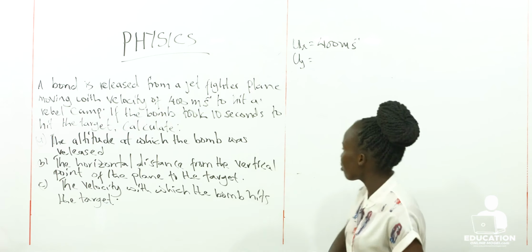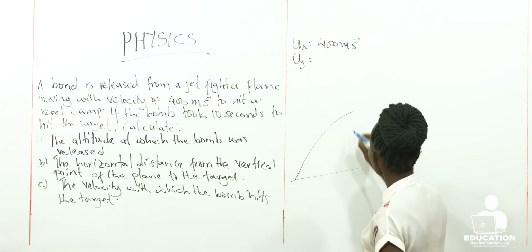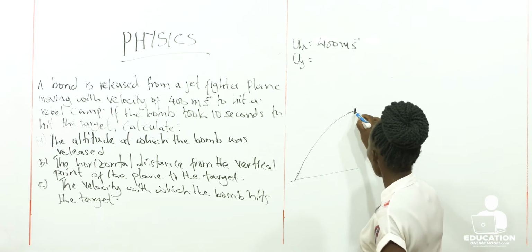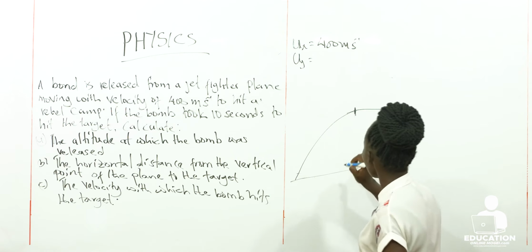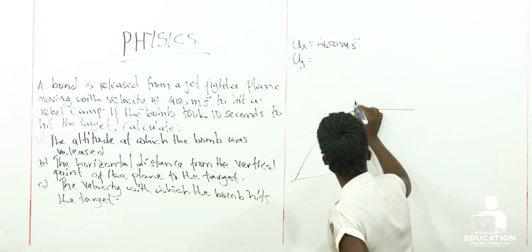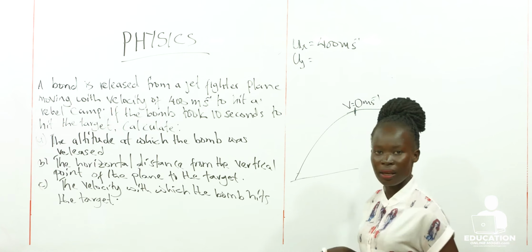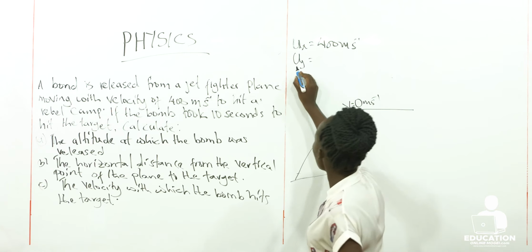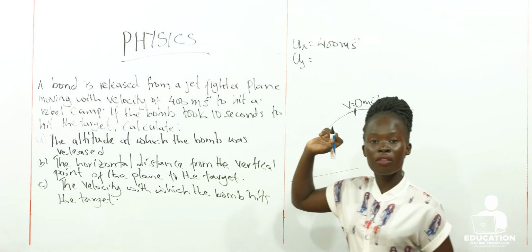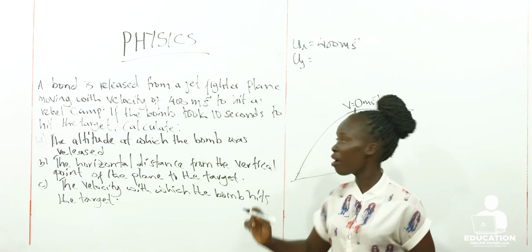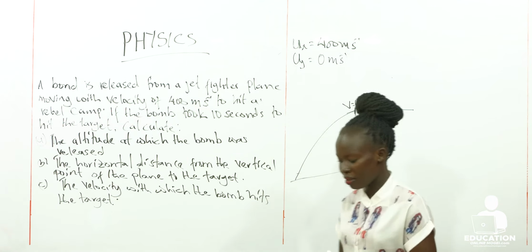So when this plane moved like this from the surface of the earth and then reaches maximum height here to attain this motion, at this point here it is having a velocity of 0 meters per second, meaning that the uy, which is our initial velocity for the motion in the vertical direction, is equals to 0 meters per second.